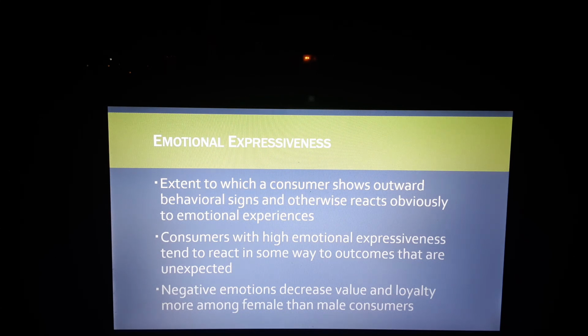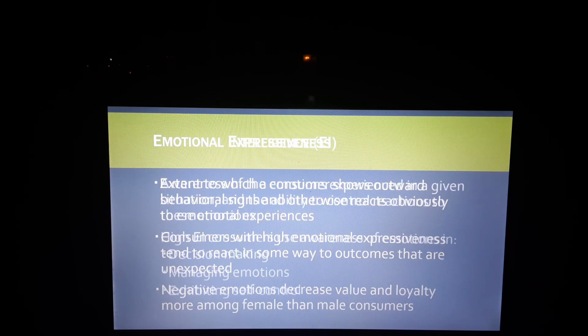But it's this idea that consumer marketers want to make sure that you always have a positive experience with the brand and with the product, because a negative experience can really make you lose a customer.